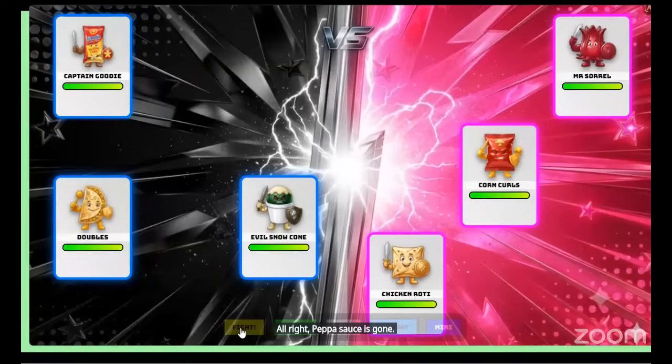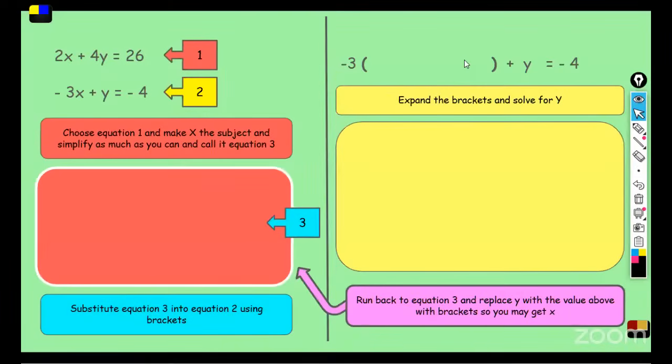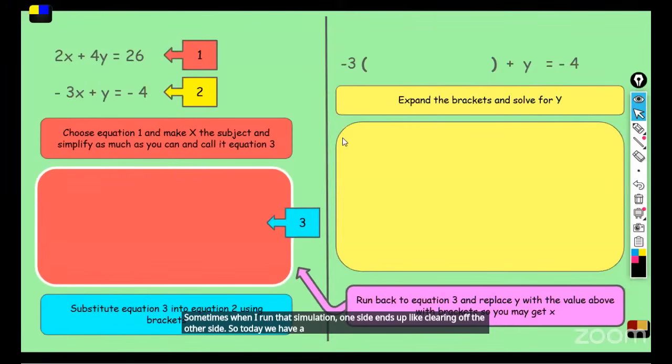Hey, not bad. It's still 3. All right, so we'll continue that in a little while. Not bad, not bad. Sometimes when I run that simulation, one side ends up clearing off the other side. So today we have a good, even battle, I believe.